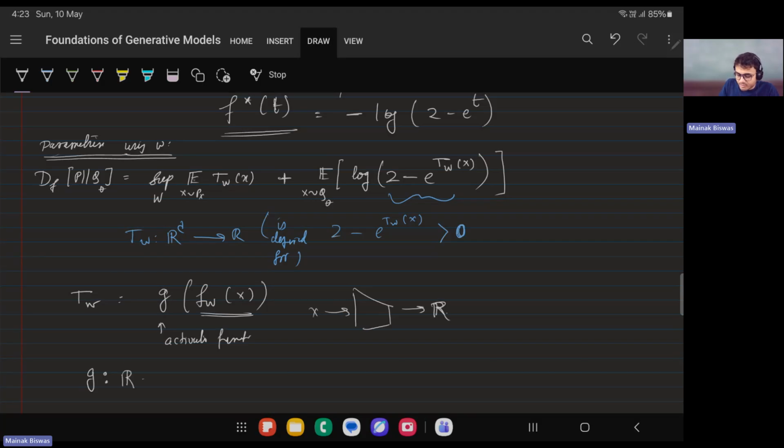So this will take a real number and give an output in the domain of f star.